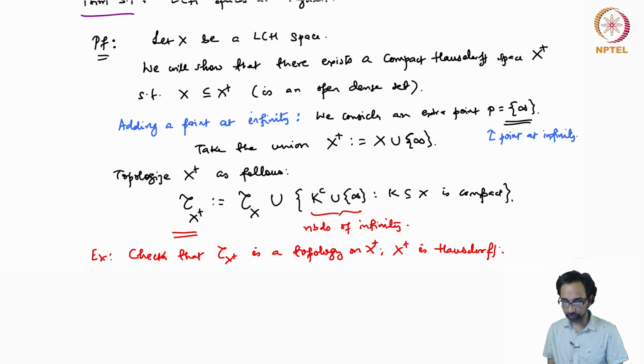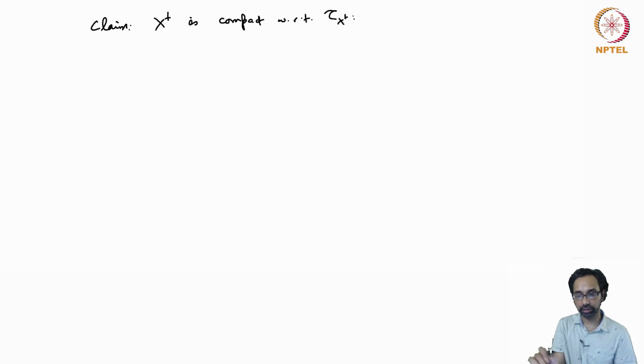Okay, so with this topology you have a space X plus which is Hausdorff, and I now claim that X plus is compact. Claim: X plus is a compact space with respect to the topology tau X plus.